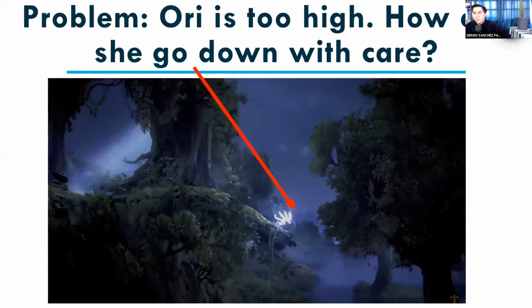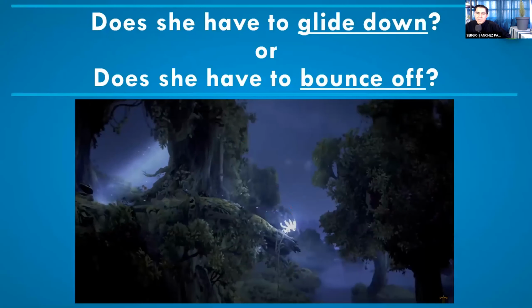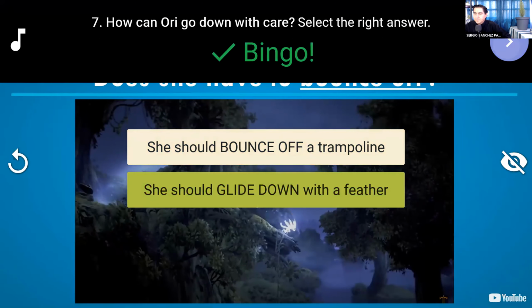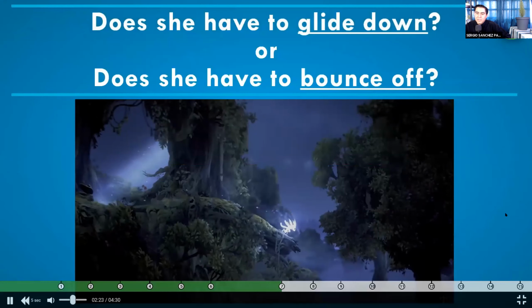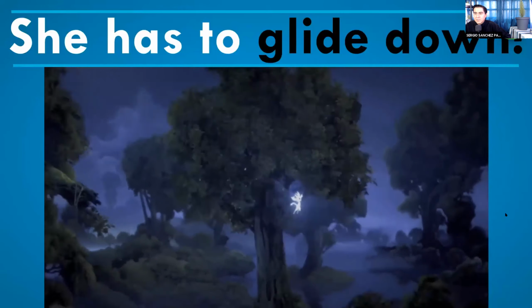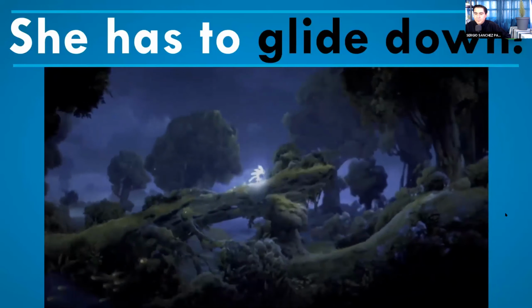How can she go down with care? And we're presented with questions: should she glide down, or should she bounce off? And of course, she should glide down with a feather, which is what we will be able to see in a moment. Right there, she's gliding down. She has to glide down.